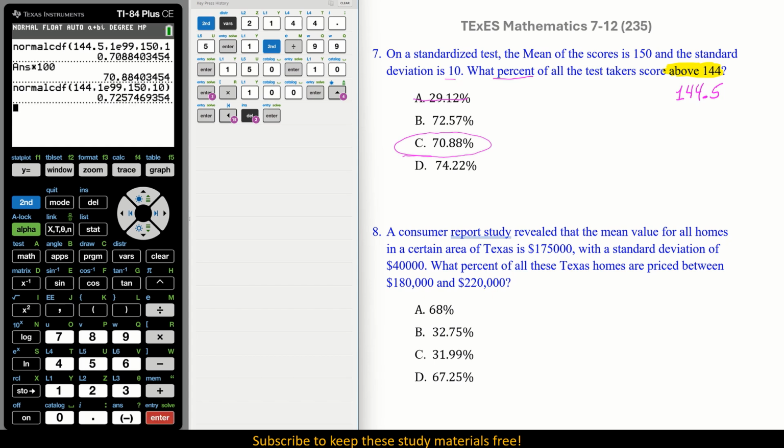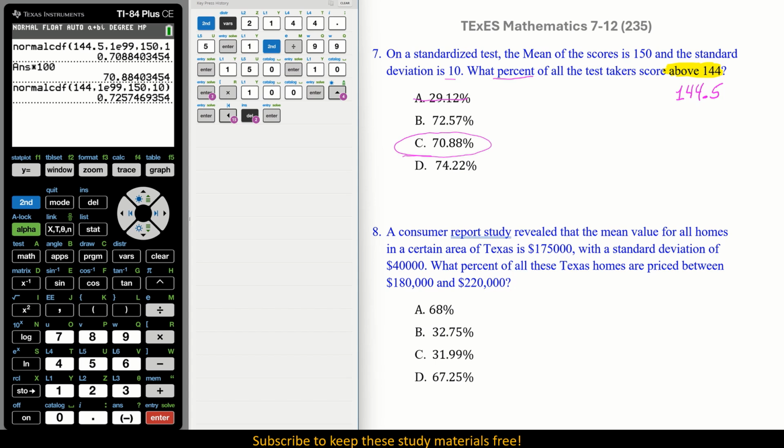Ah, that is highly suspicious. Look at what it does. It's going to give us the wrong value, because it wouldn't give us all the values above. It would actually include the number, our guide number, our 144.